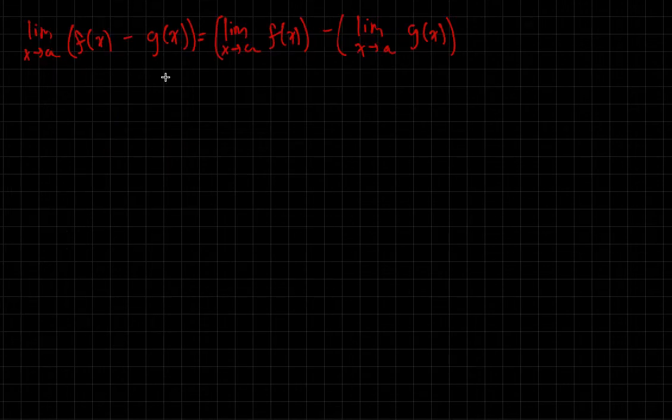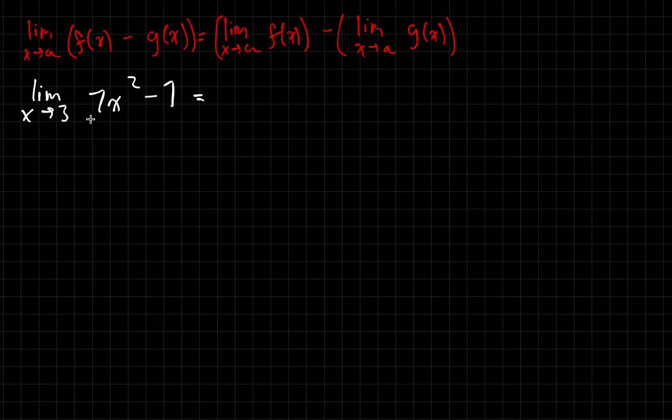So this next property is actually very similar. You're just replacing the addition signs with minus signs. And to continue showing how this property works, let's say I have the limit as x approaches 3 of 7x squared minus 7. Once again, if I don't use this property, what would I do?